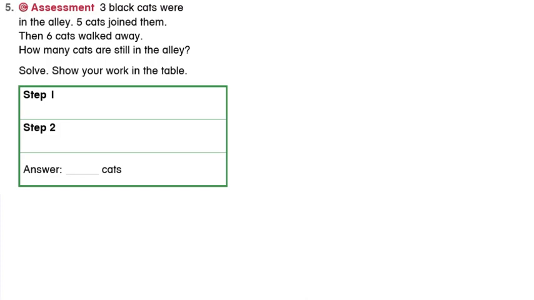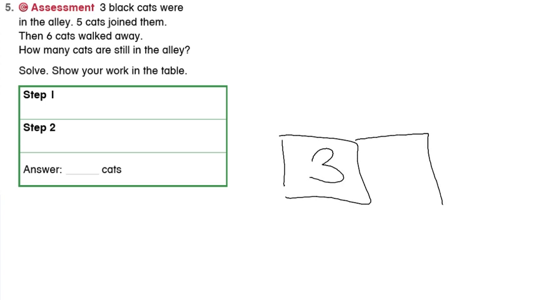The last problem here, 3 black cats were in the alley, 5 cats joined them, then 6 cats walk away. How many cats are still in the alley? So here are my 3 black cats. 5 cats join them. We don't know what the total is. Here's my open number line.